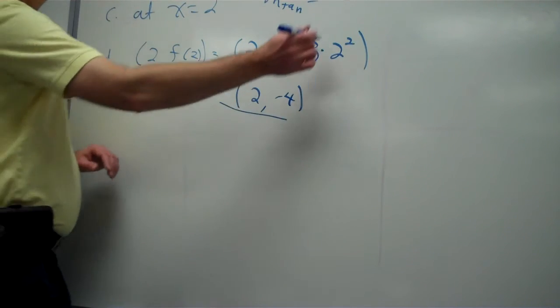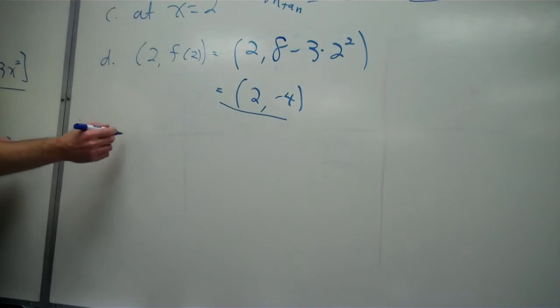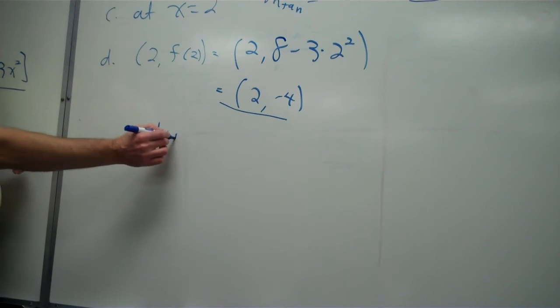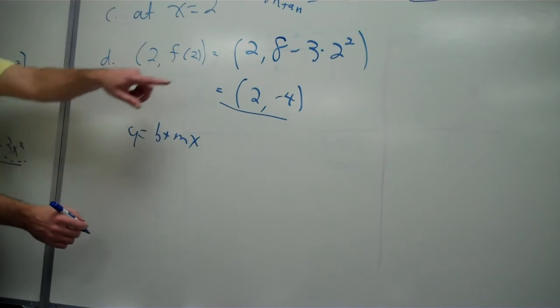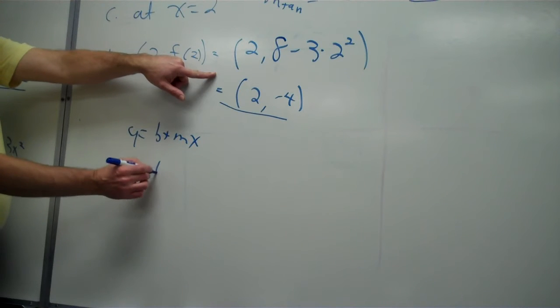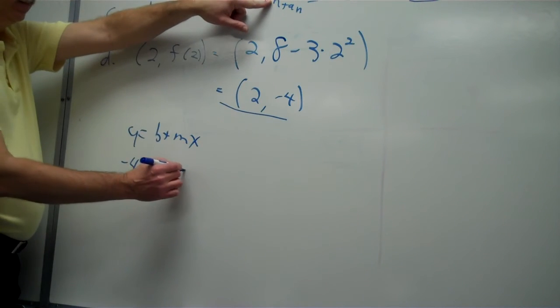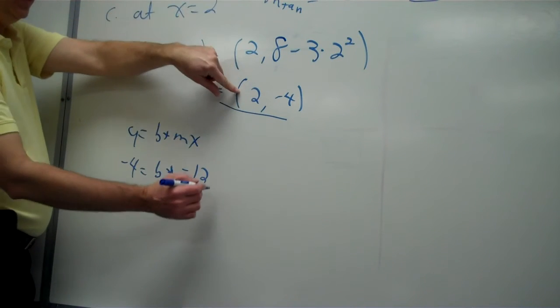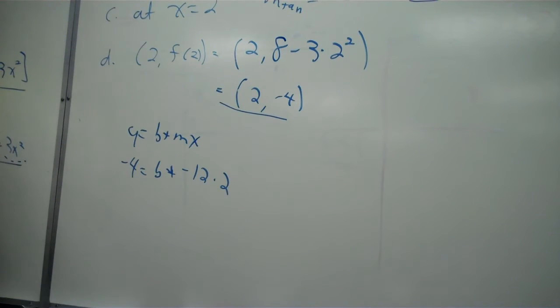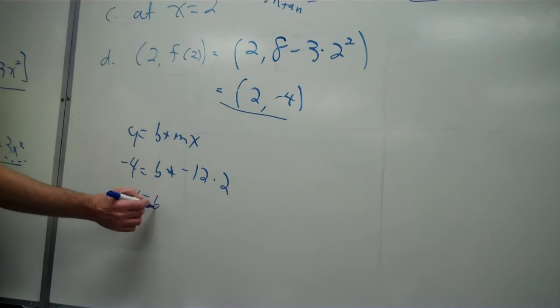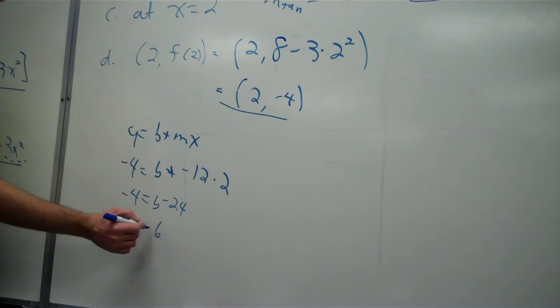So we've got a point, we've got a slope. In general, y equals b plus mx. So we plug in the y value, the slope, and the x value, and we should be able to figure out the y-intercept. Negative 4 equals b minus 24, so b equals 20.